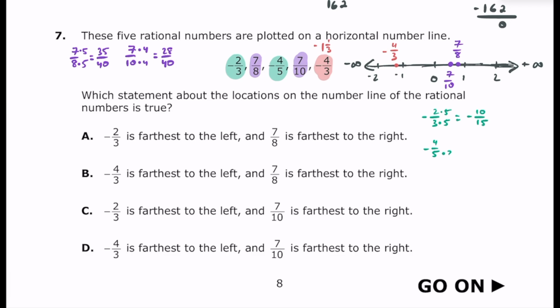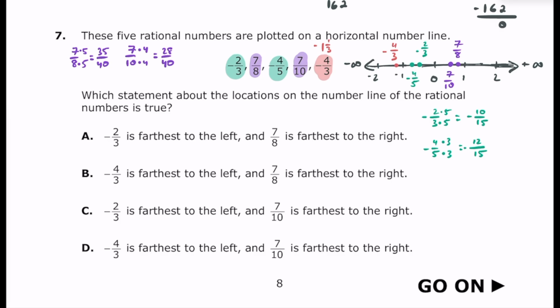And if you do times 3 to compare with the same denominator, this is going to be negative 12 over 15. So which one would be more to the left? Well, this one's technically smaller because it's a bigger negative number, and this one's technically bigger. So this negative 2/3 is going to be a little bit closer to 0. So I'll write negative 2/3 here. And this negative 12/15 we said was more negative, which is more to the left here. So that's where negative 4/5 is.